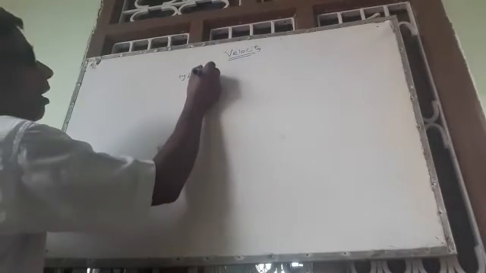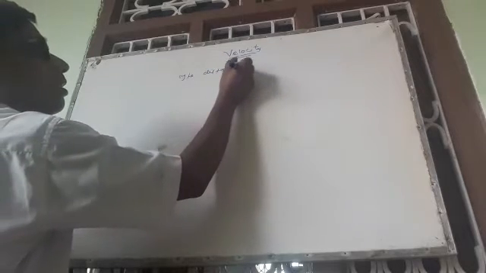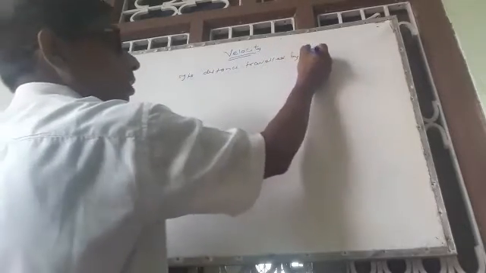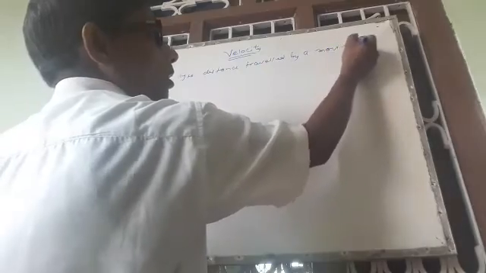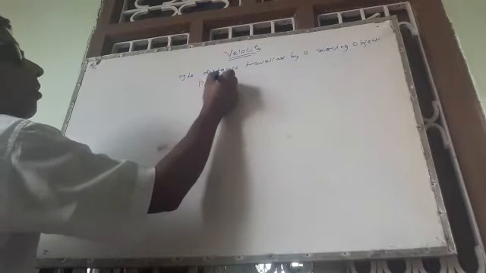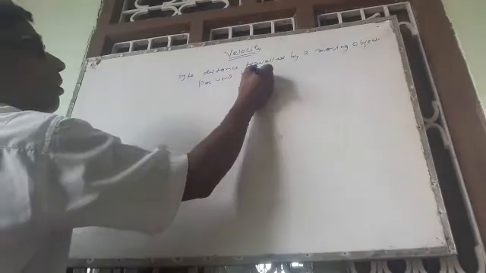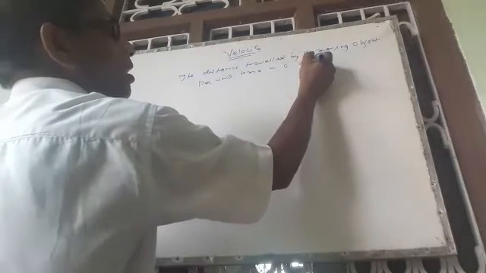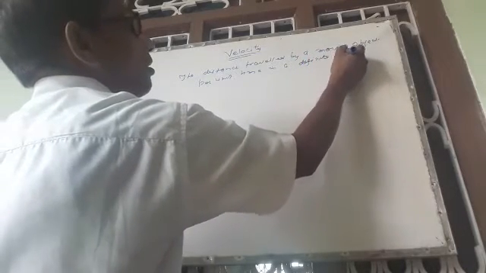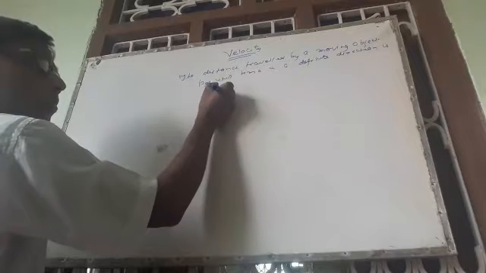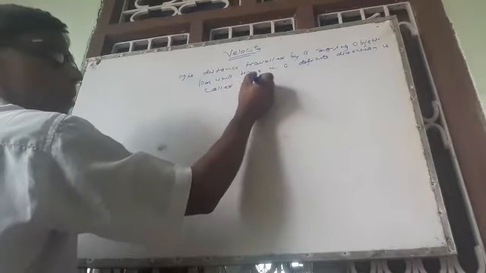The distance traveled by a moving object per unit time in a definite direction is called velocity.